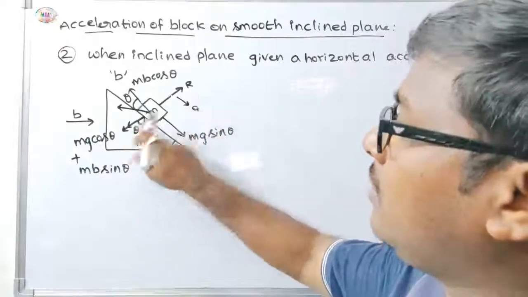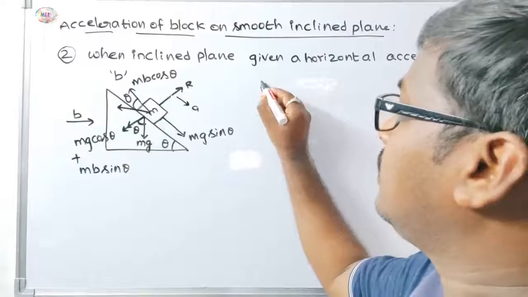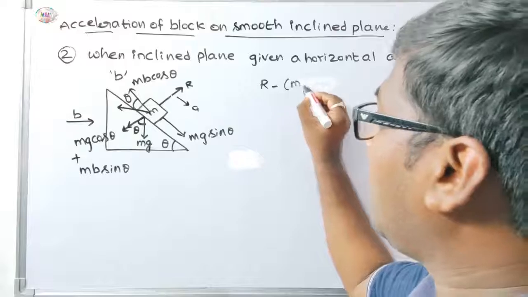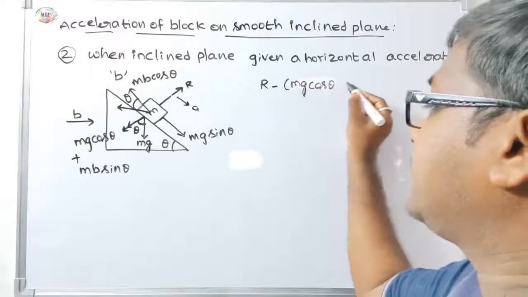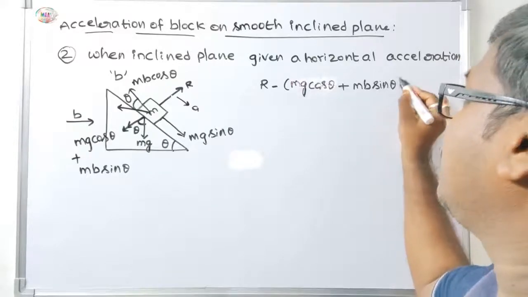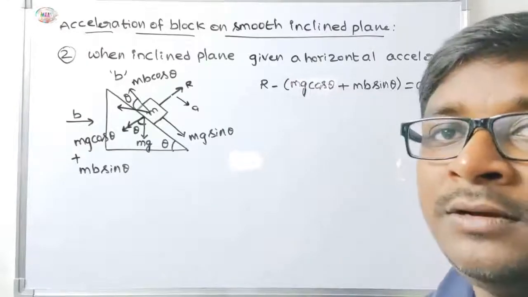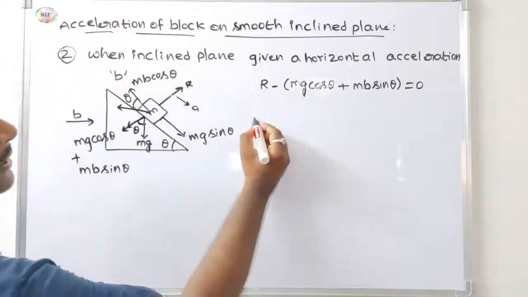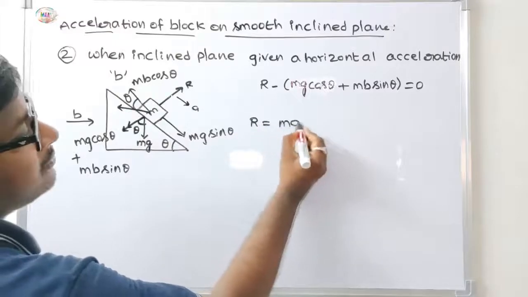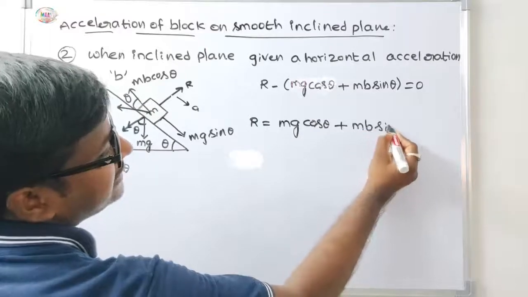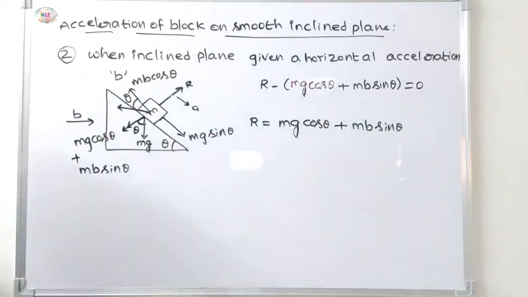First take the y-axis: the sum of R minus mg cos theta minus mb sin theta is equal to 0. Then R is equal to mg cos theta plus mb sin theta.